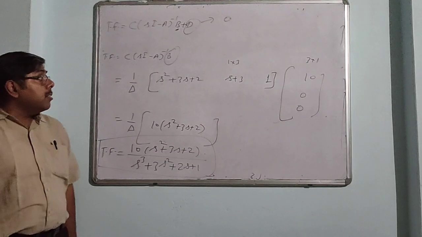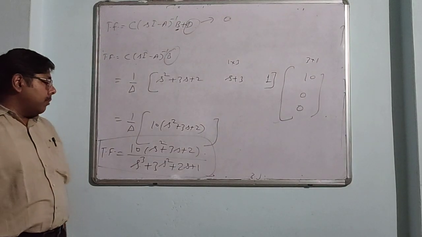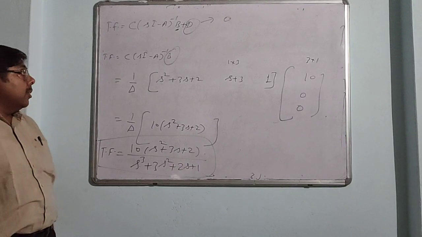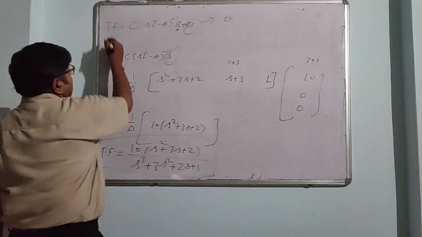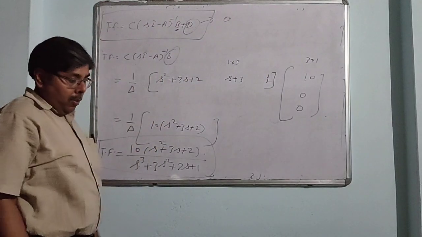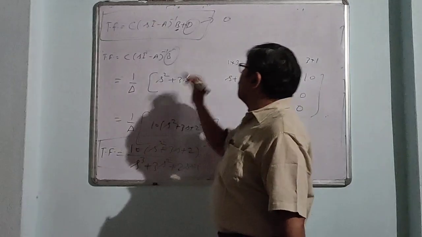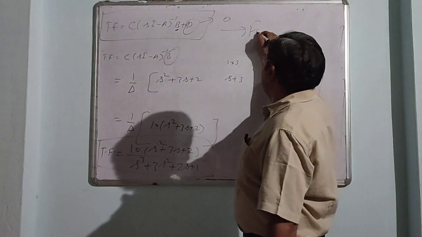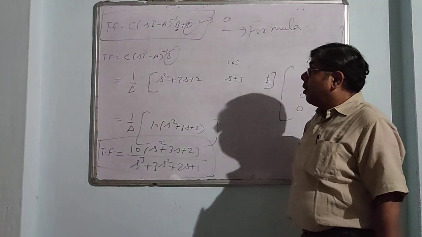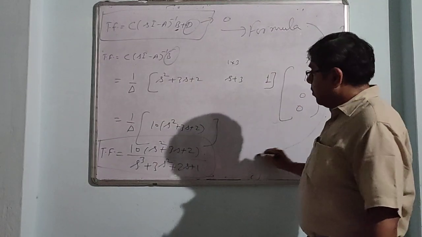In this way, we can calculate the transfer function for a system which is represented in state space. This is the basic expression for the transfer function. By using this formula, we can obtain the transfer function.